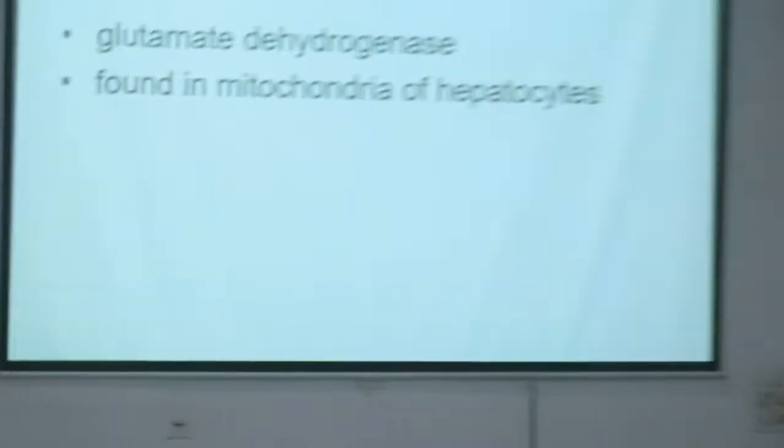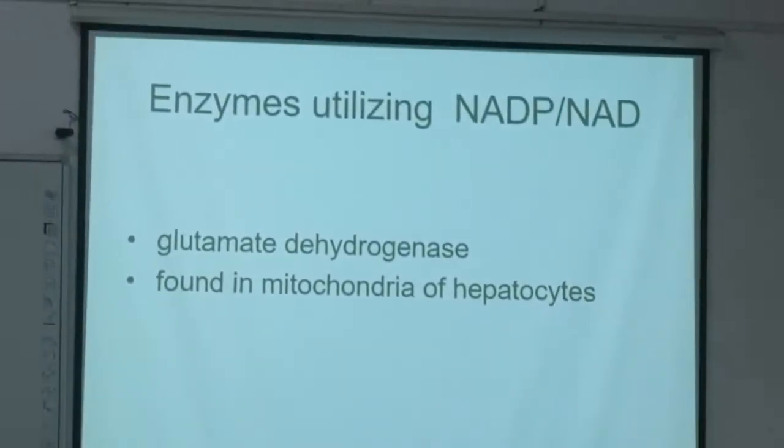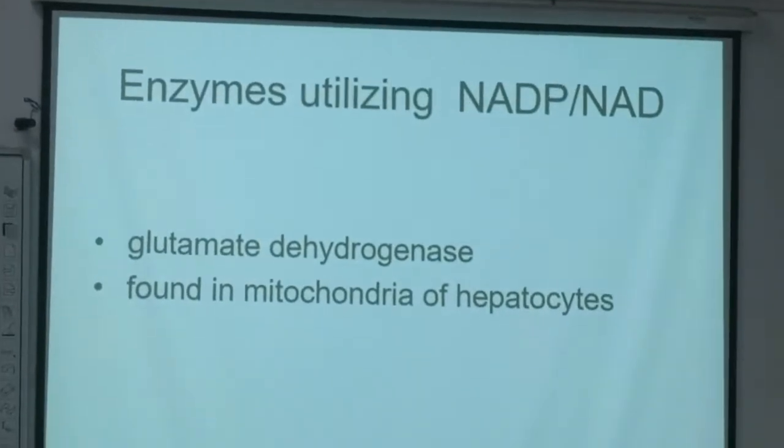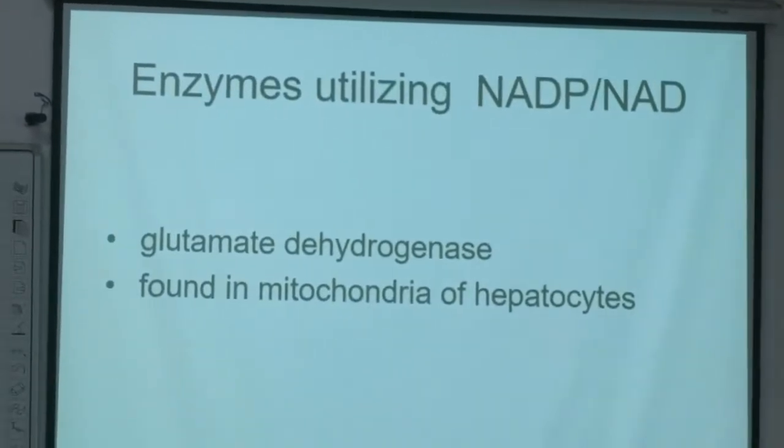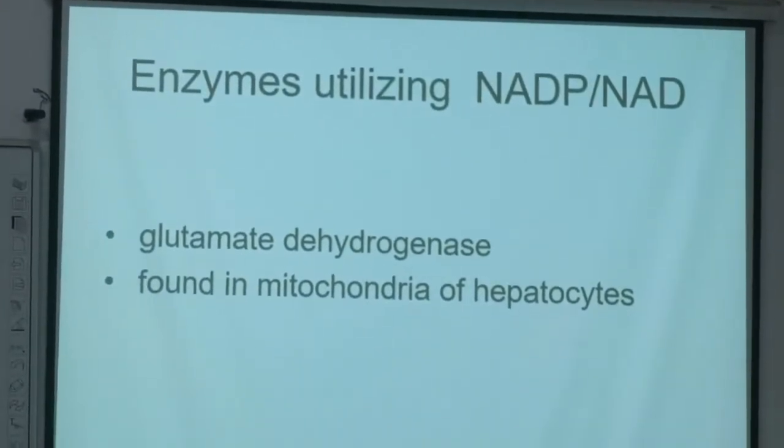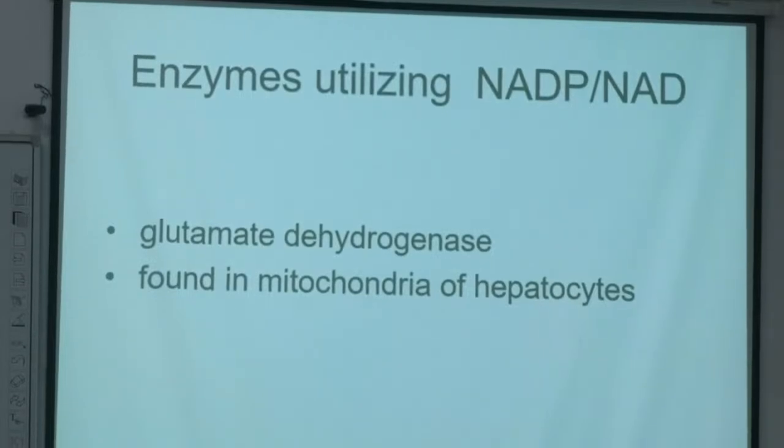Enzymes which can utilize both, not together, either of these they can use. They can use NAD, they can also use NADP, only one. There is only one enzyme in our system which can utilize either NAD or NADP, that is glutamate dehydrogenase.